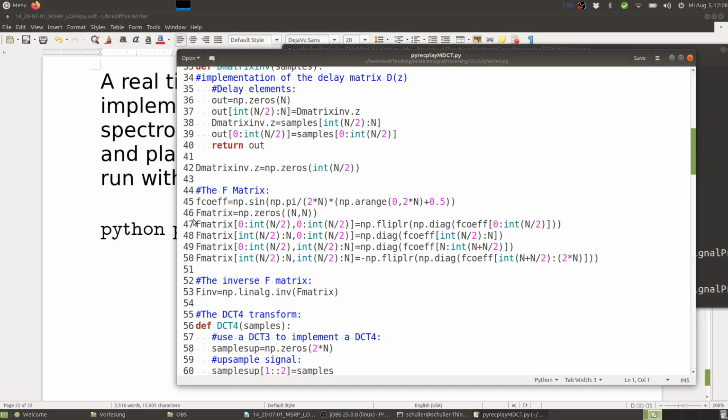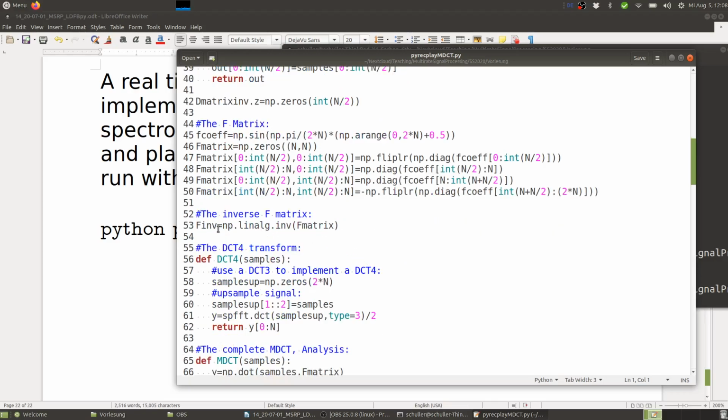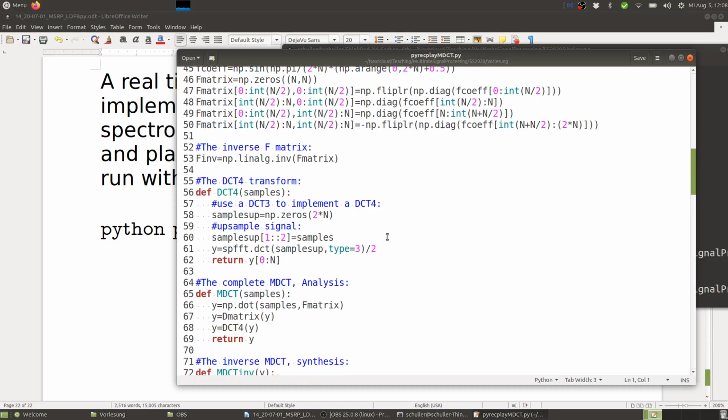And I'm building this F matrix just as we saw last time. Here the inverse is just computed as linalg.inv from the F matrix. So there's just the inverse matrix. Basically I could have also taken the transpose because this, as we know, is orthogonal.